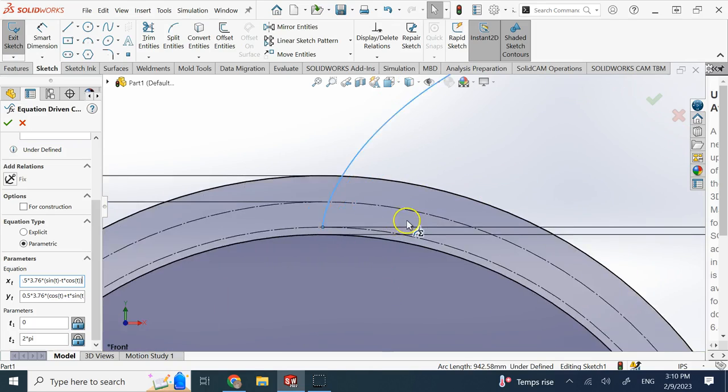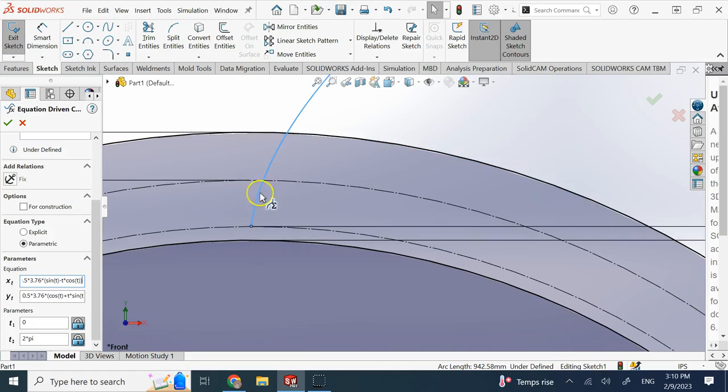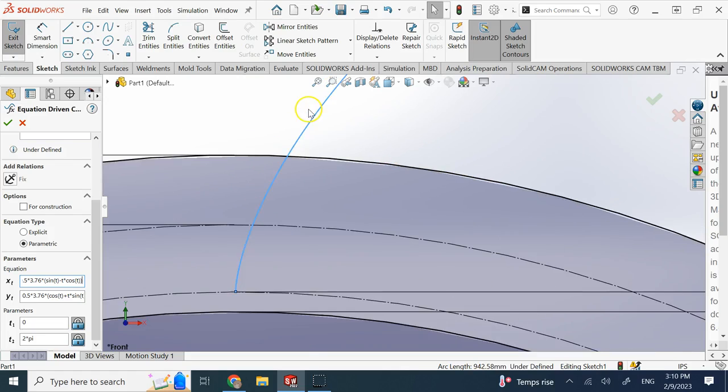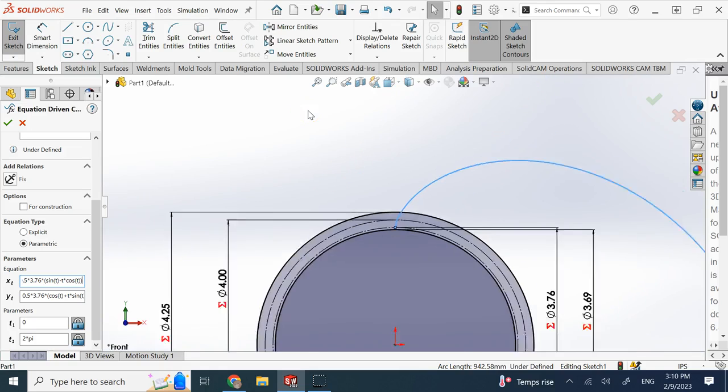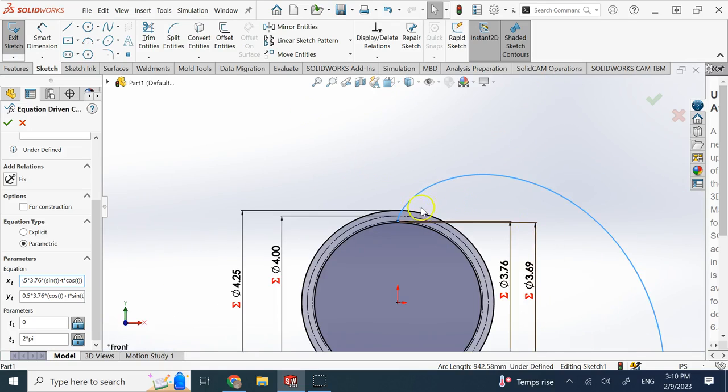So all I need is this portion of the profile, which is from here to what? To the addendum circle. The rest of it is not needed. So ideally, really, I do not need to go to 2 pi. I need an angle far less than that. So probably even if I go pi over 2, that is going to be still too much, right? Let's take a look here.